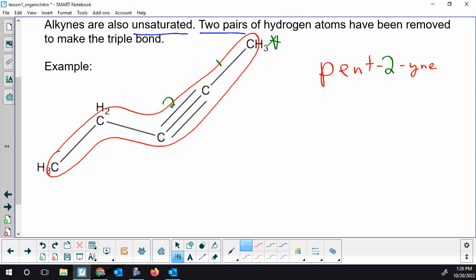So I'll do the condensed structure. We've got a CH3 at the far left, a CH2, then we get to a carbon that has absolutely no H's attached to it. So that's all I can write for the third from the left carbon. Okay. The next carbon also has no H's attached to it.